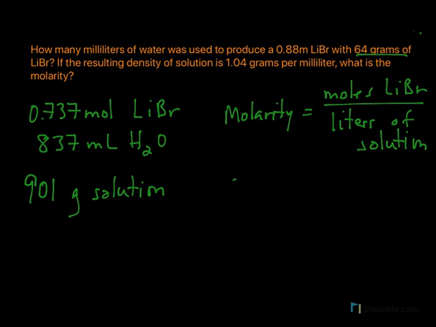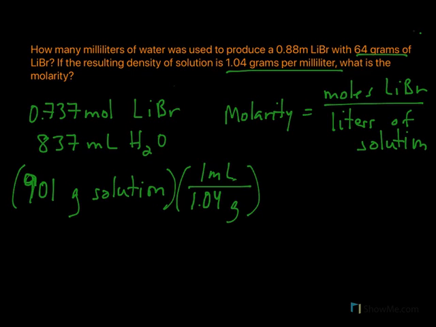Since we now know the grams of solution, we multiply that by the density of solution, which is given here as 1.04 grams equal to 1 milliliter of the solution. Grams of solution cancel out grams of solution, and we get milliliters of solution, which is 866 milliliters of solution.